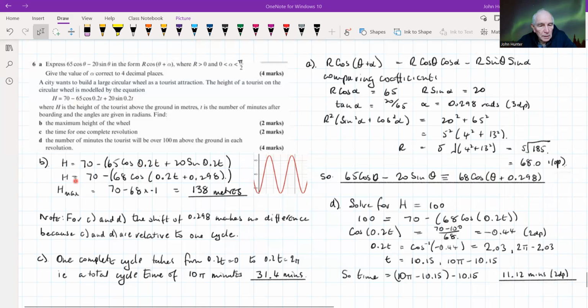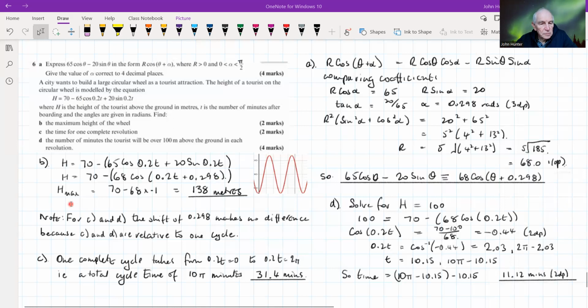If we then complete that equation, we've got h equals 70 minus 68 cos(0.2t plus 0.298), and that's in meters.